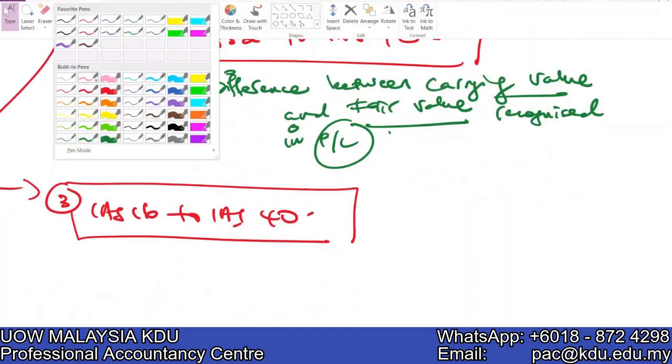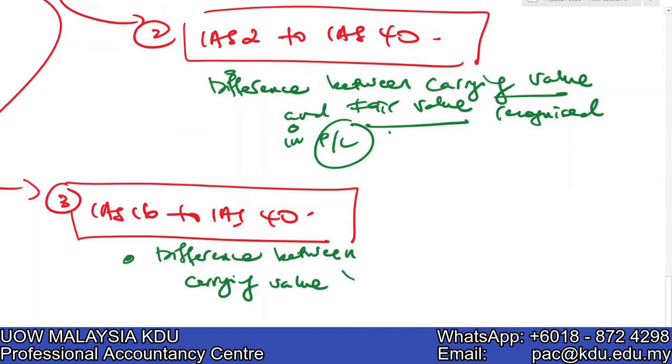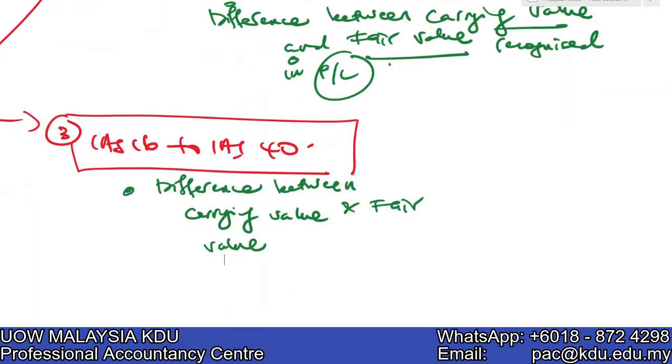So for this 16 to 40, the first thing is the difference between carrying value and fair value.